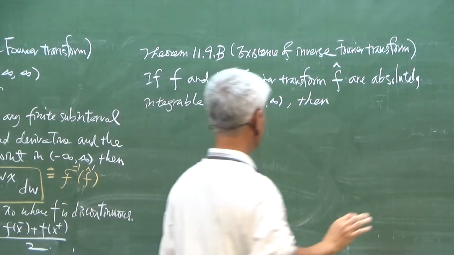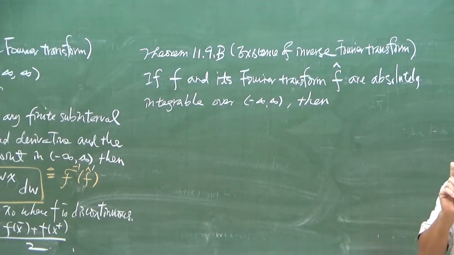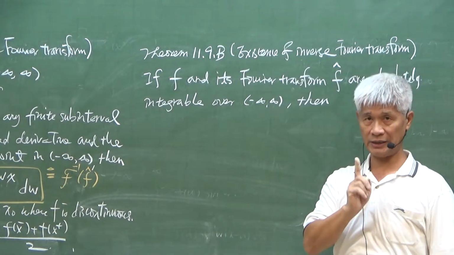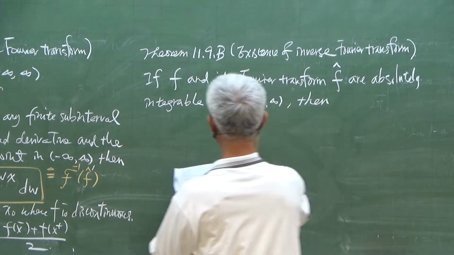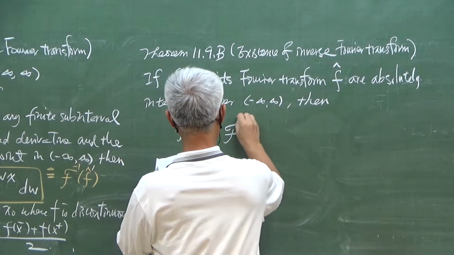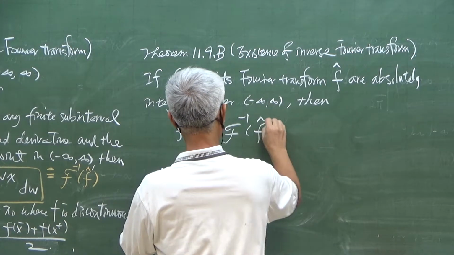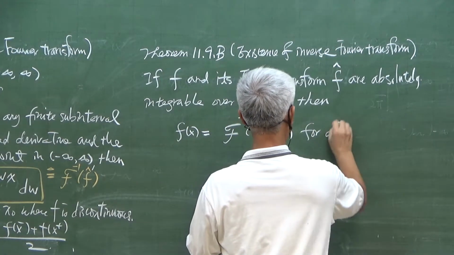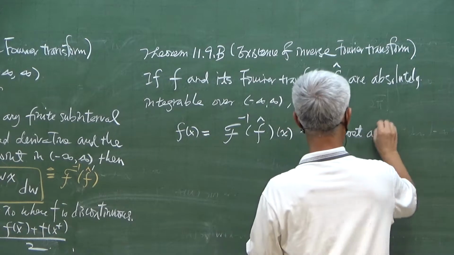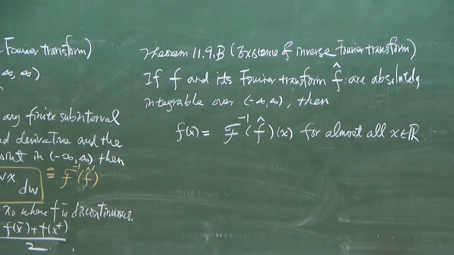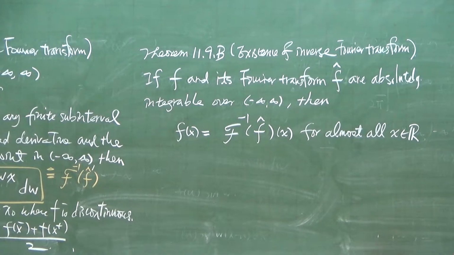But in case f hat is absolutely integrable together with f, if we have this situation, then the original function will equal the inverse Fourier transform for almost all x.